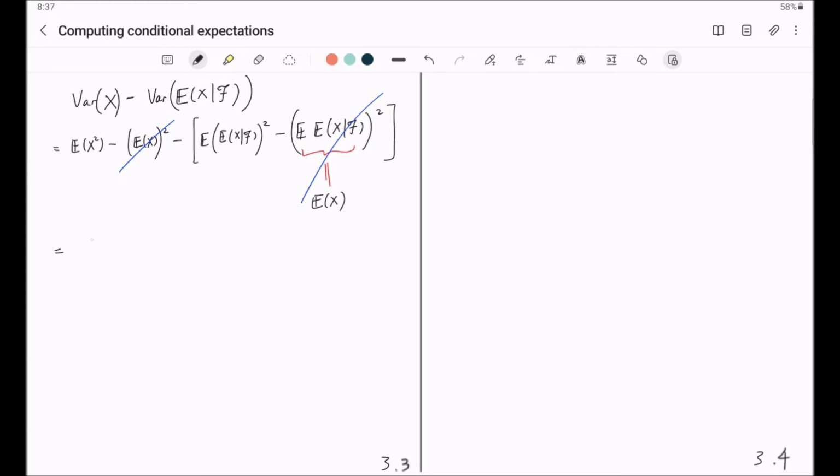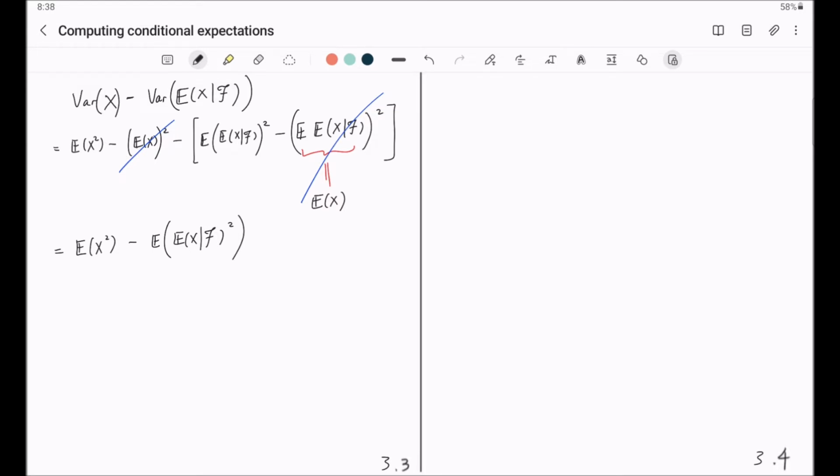The terms left are E of X squared minus E of E of X given F, squared.